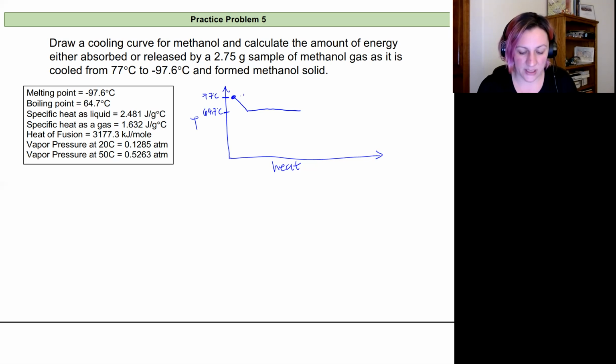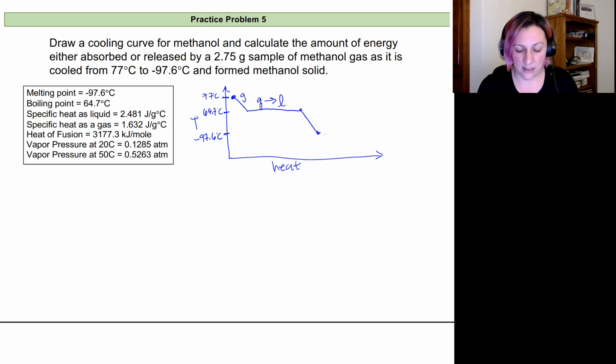So it's going to go from a gas to a liquid. And then once everything's become a liquid, it's going to decrease again until it hits the freezing point, which is the same as the melting point because both freezing and melting take place at that same exact temperature. And that's going to be at our negative 97.6 degrees Celsius.